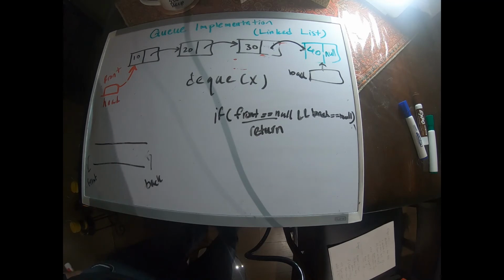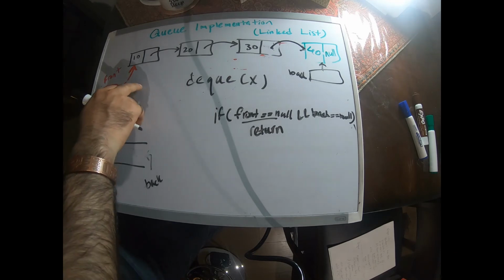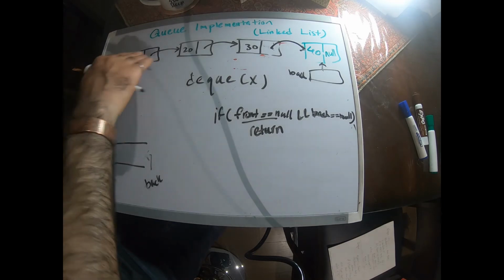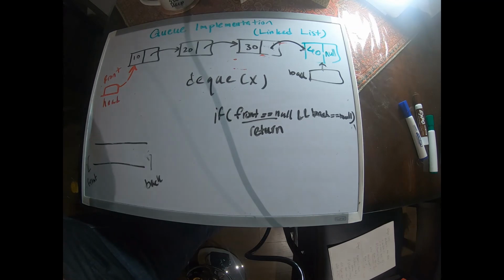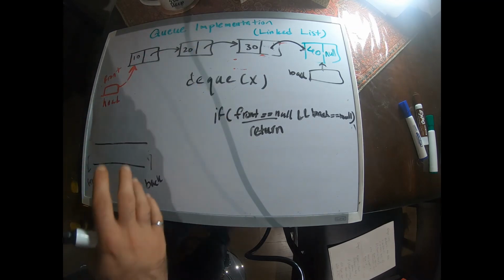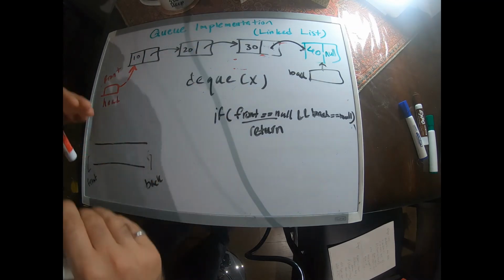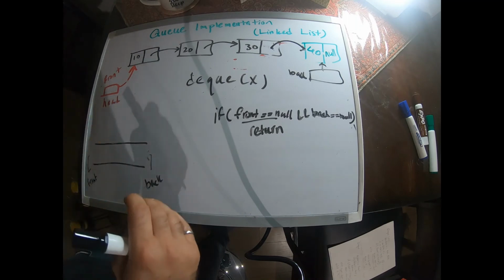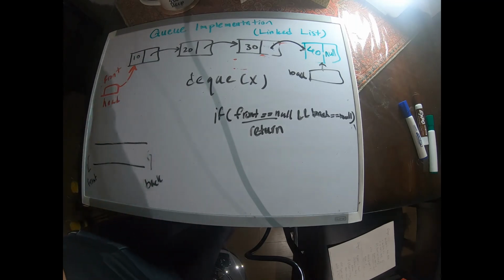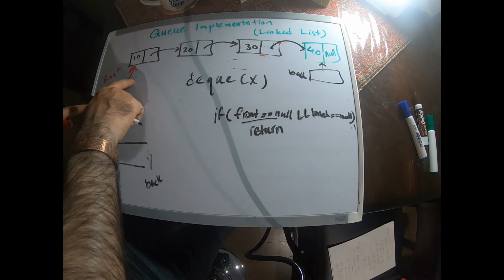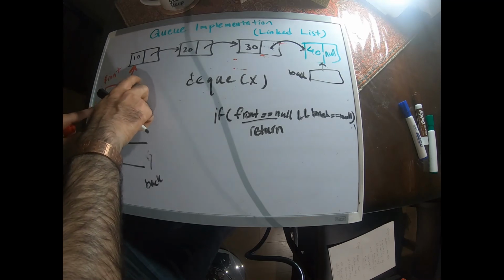Okay, in the case that we have a linked list like this, let's see what needs to be done. Again, we're going to do it step by step to realize why each part is needed. So we want to remove data from the front.